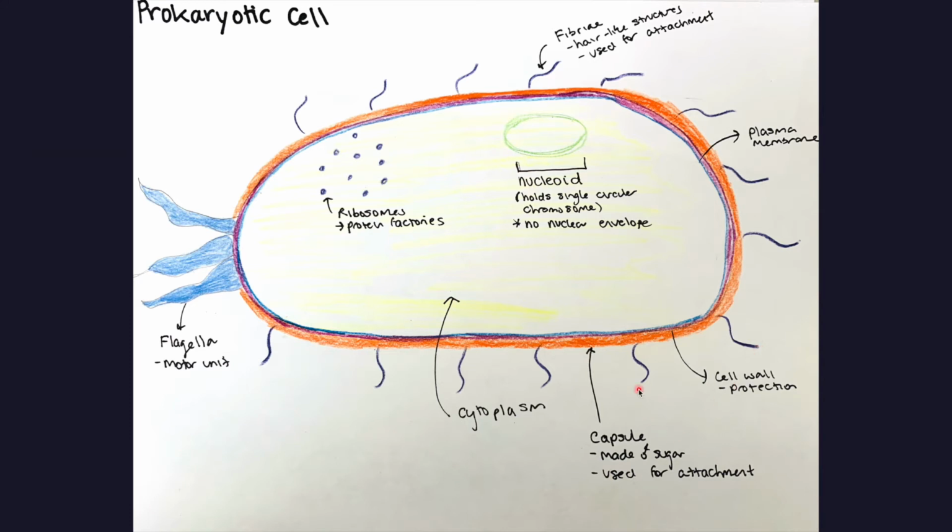Some prokaryotes have a capsule outside the cell wall, which is made of sugar and is used for attachment. The fimbriae, which are hair-like structures, are also used for attachment. Ribosomes are organelles used for protein production. And finally, flagella help the prokaryote with locomotion.